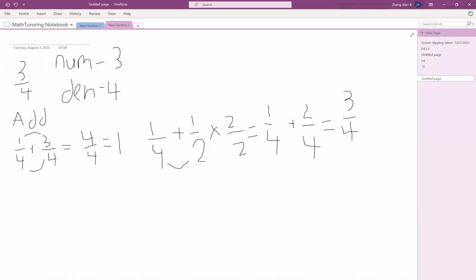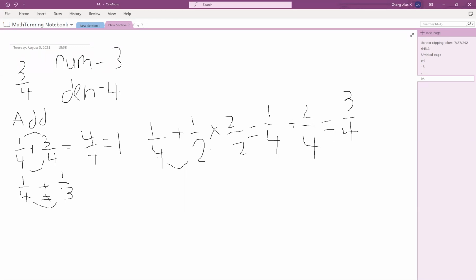Now, let's say you wanted to do a number maybe a little more complex. So this time you wanted to do 1/4 plus, let's say, 1/3. Now, see the denominators are not equal.